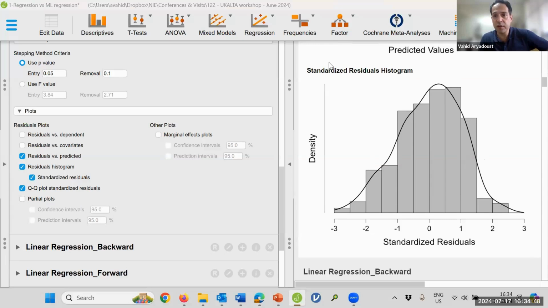But do you think that this is the normal distribution, or do you think it's deviating significantly from normality? Write it in the chat box, please. Visually, no. Okay, no meaning no deviation from normality, right? Meaning that it is normally distributed.